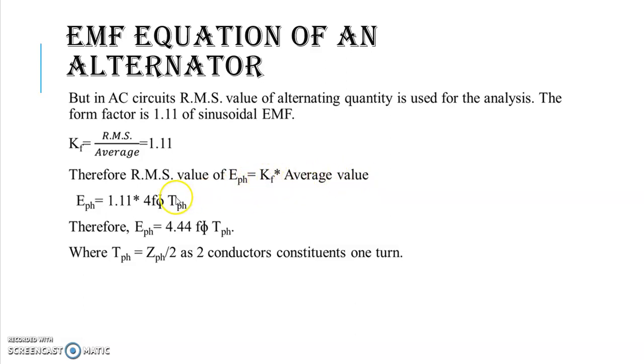So put in the average value here: 1.11 into 4F phi Tph. So we get Eph in RMS is equal to 4.44 F phi Tph. This is the equation for the EMF induced in an alternator. And Tph is equal to Zph, the total number of conductors per phase, upon 2, as in one turn we have two conductors. So this is the EMF equation of an alternator.